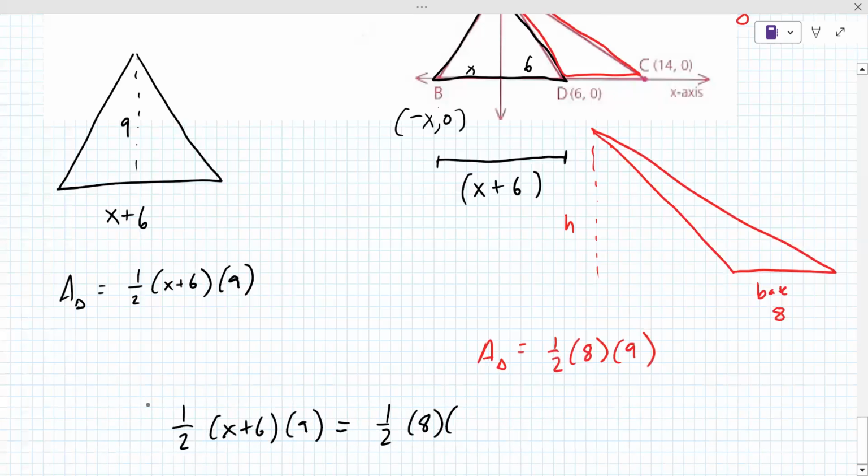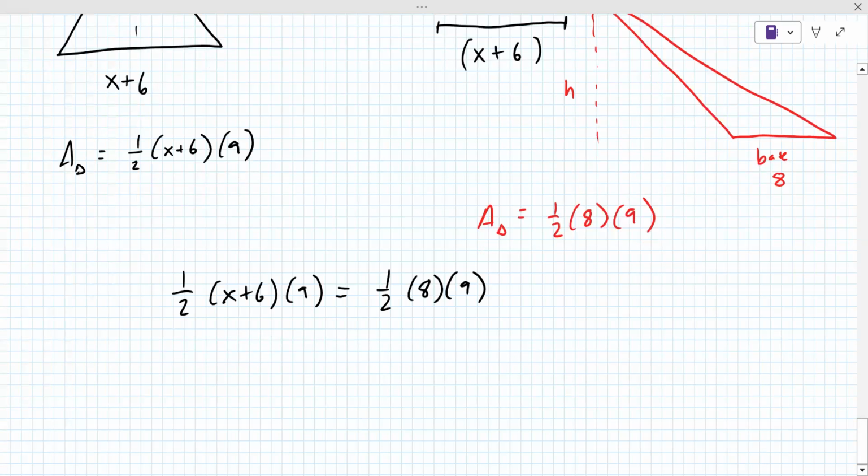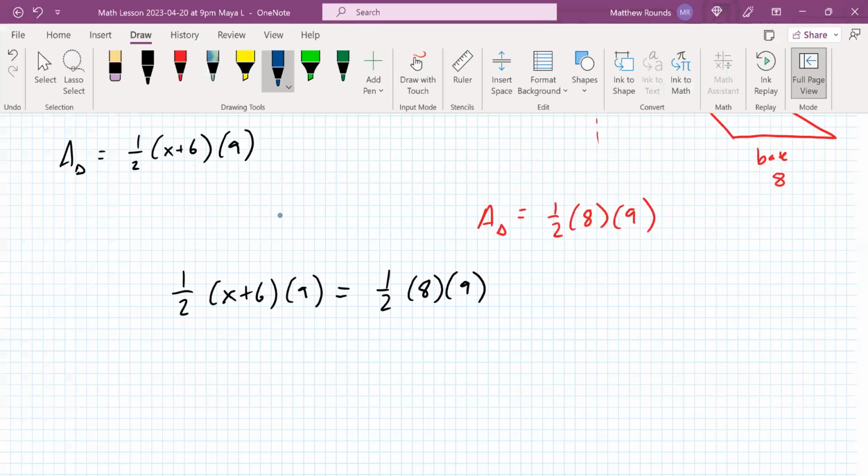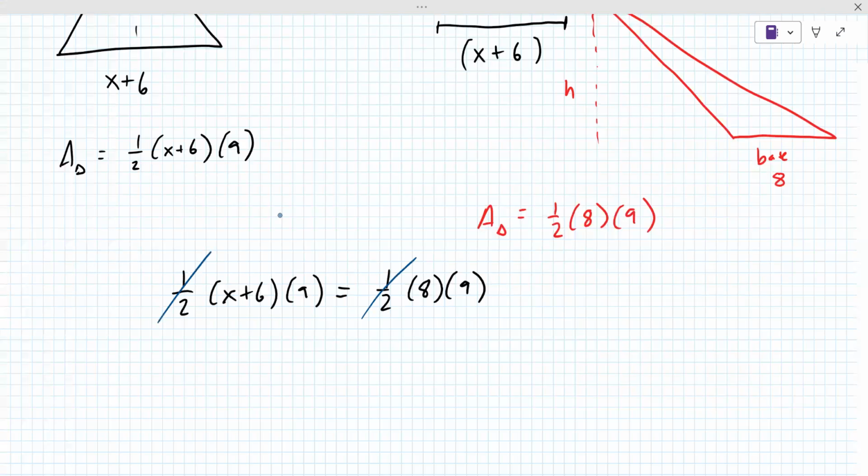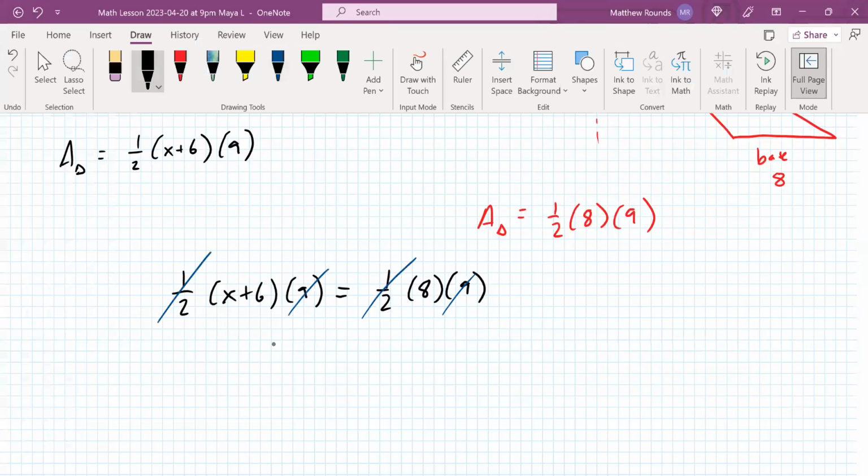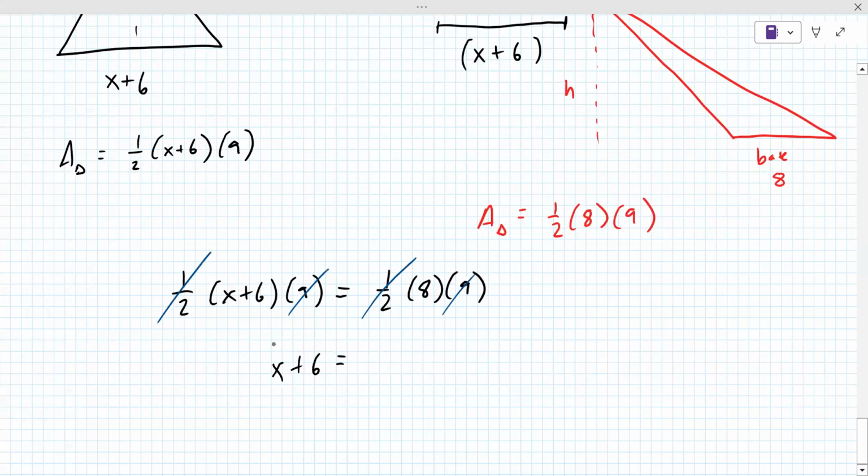And I'm going to show you here that it was wise to wait to simplify. Do you see how there is a 1/2 on both sides of the equation? Yeah, so that can just go. 9 on both sides of the equation. And that really reduces the complexity of the equation you're solving. Yes, so if I'm going to do that, I should just wait until the end. Yeah, typically that's better in your course. Another class, maybe not.